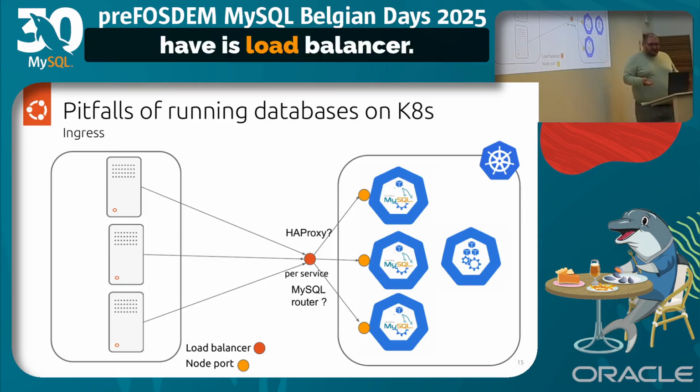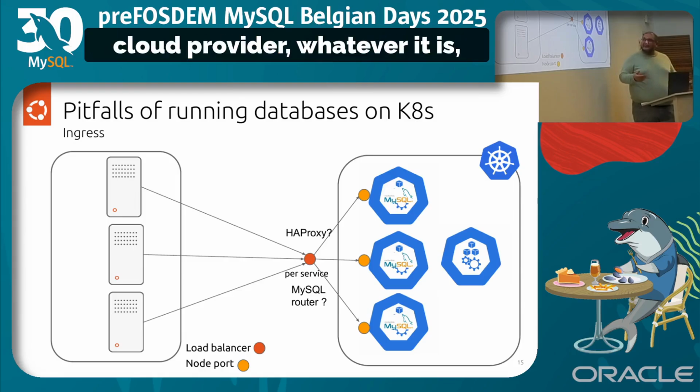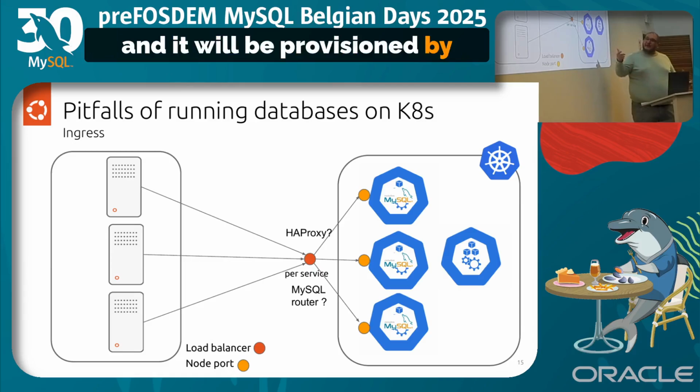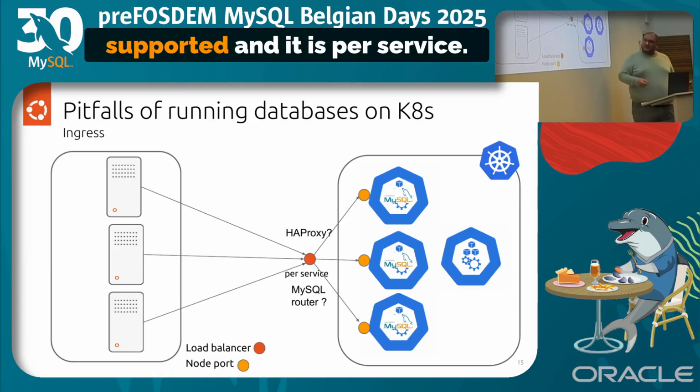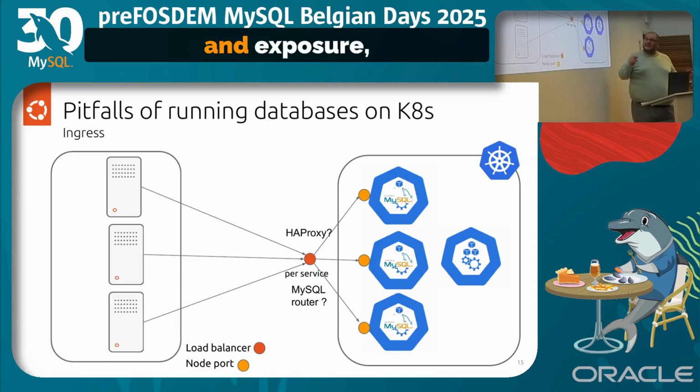The other option that we have is load balancer. The load balancer is something usually provided by your public cloud provider, whatever it is. And it will be provisioned by Kubernetes for you if it's supported. And it is per service. So for every database you are going to create a service and expose, you will have one per service.